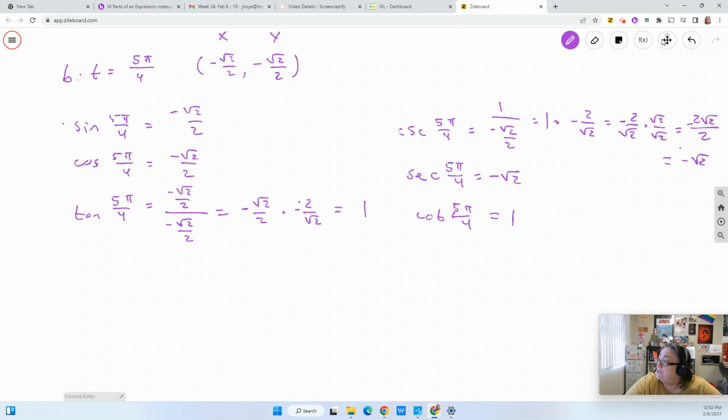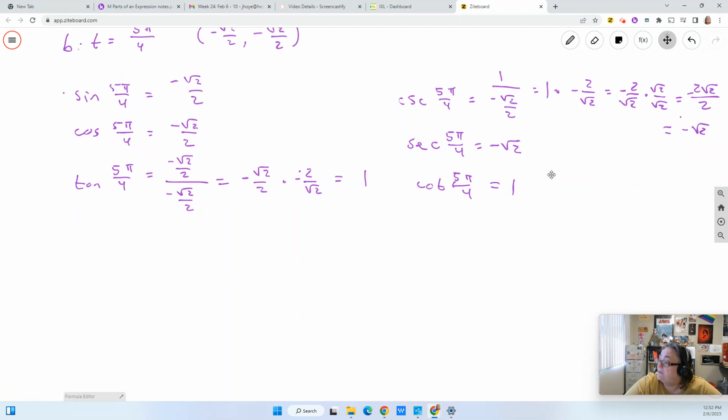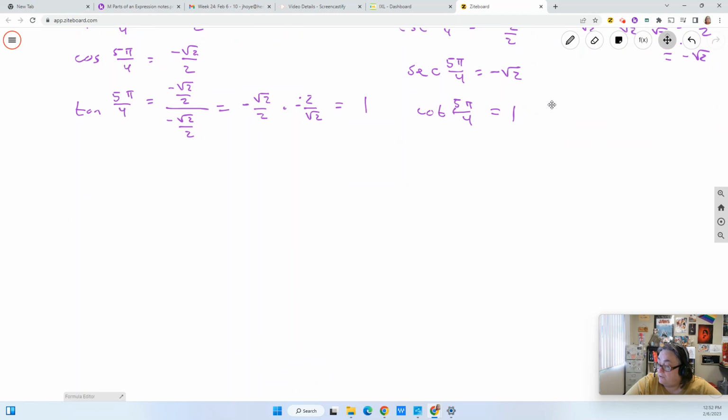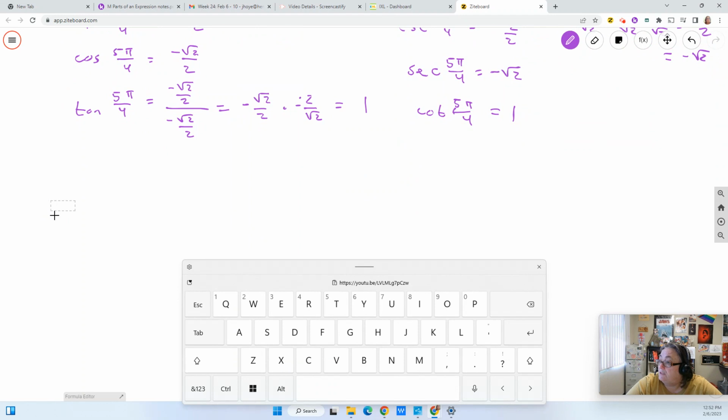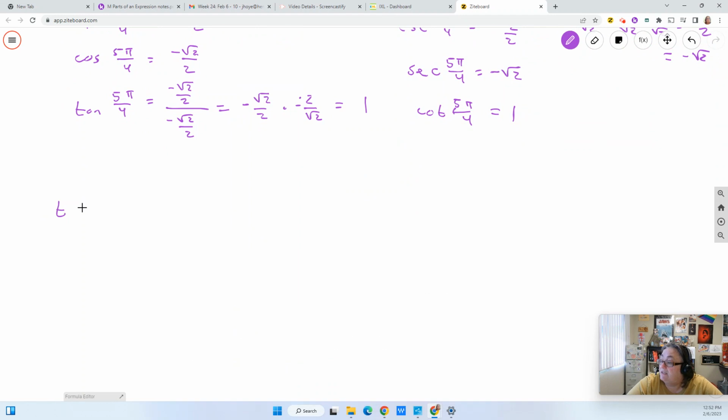What I want you to pay attention to is sometimes you will be given your value in, say you were asked to do it when t equals something negative, like negative pi over 3, and you want to know what that value is. Think about this. That means we're going the opposite way around the unit circle, right?